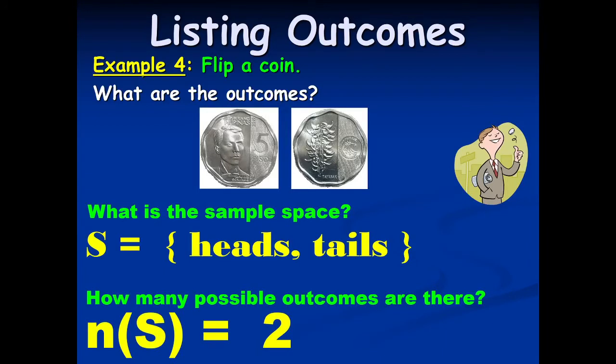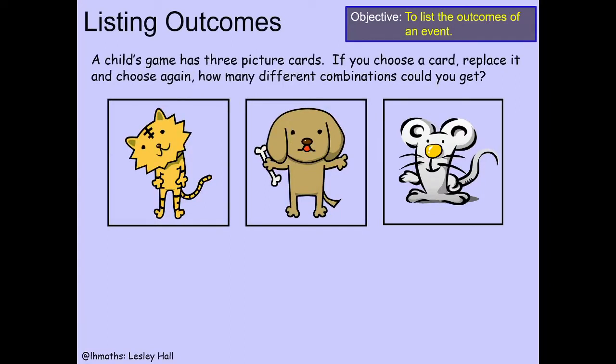So take note of that because we will be using that later on as we go on with our discussion. Okay? Next. Now, let's have this example. A child's game has 3 picture cards. If you choose a card, replace it, meaning return it, how many different combinations can you get? So take note, we have the cat card, we have the dog card, and we have the mouse card.